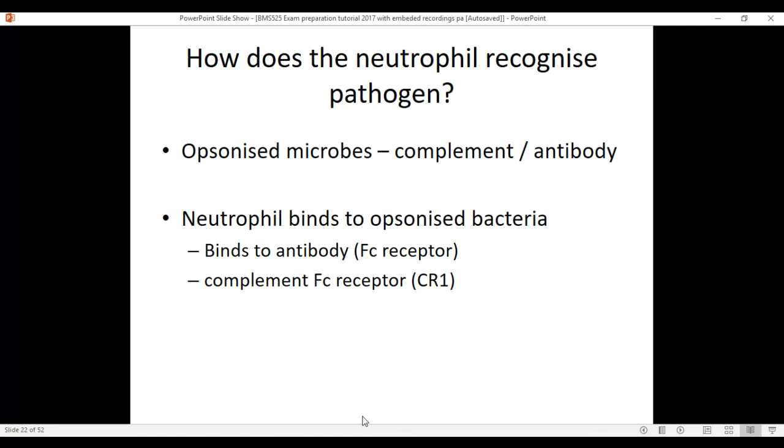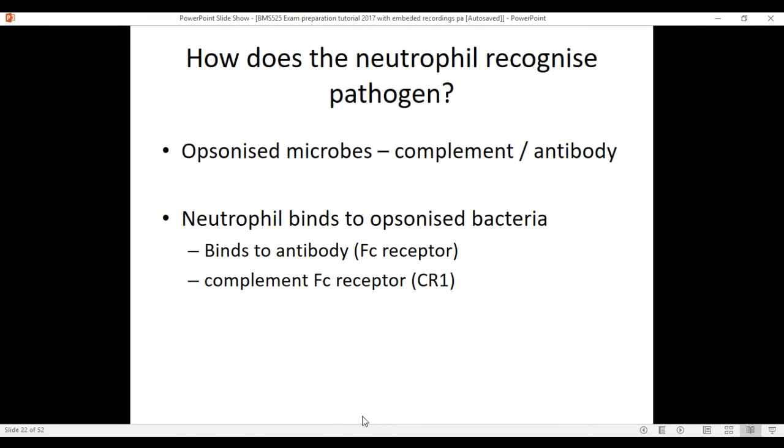So the opsonin that's bound to the pathogen could either be C3b or C4b, or it could also be antibody. So it could be antibody bound to the pathogen or C3b or C4b from complement.